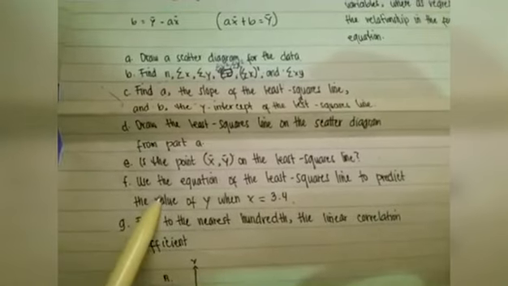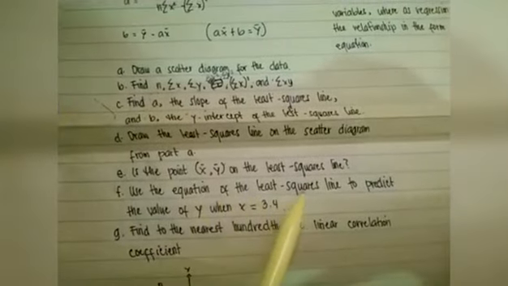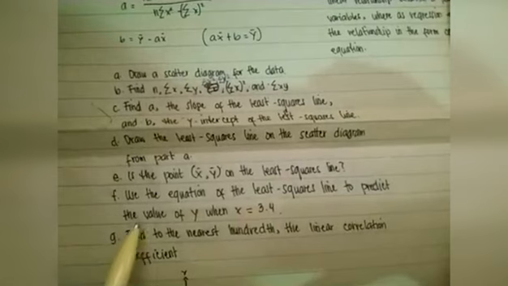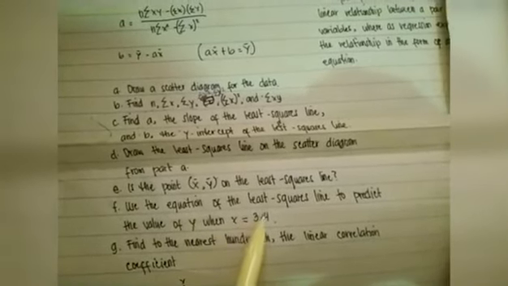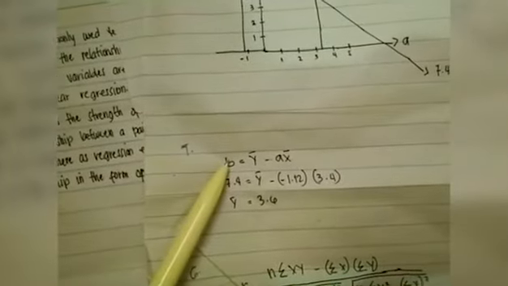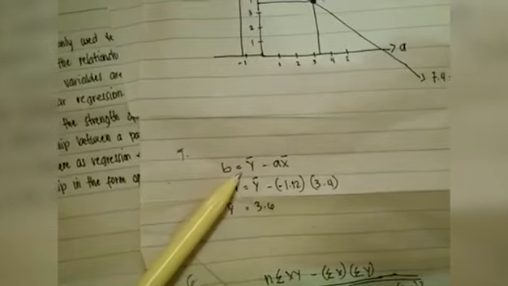So the step F is use the equation of the least squares line to predict the value of y when x is equal to 3.4. So ito yung formula natin.